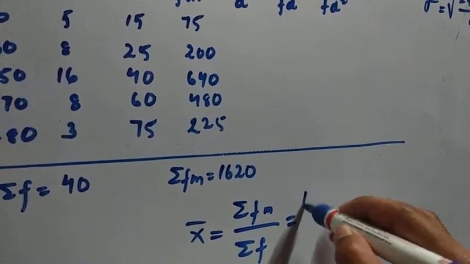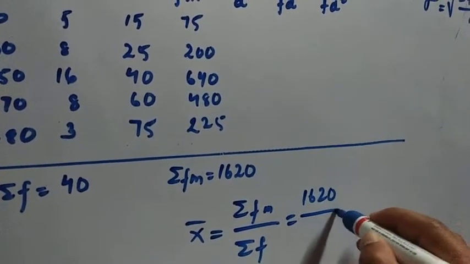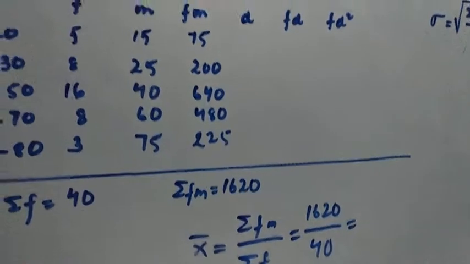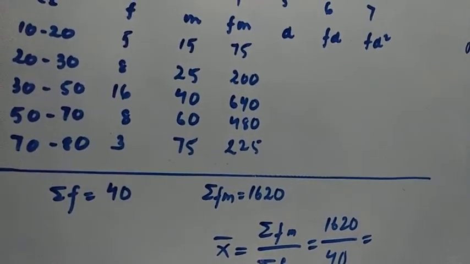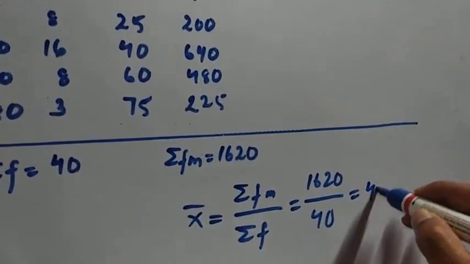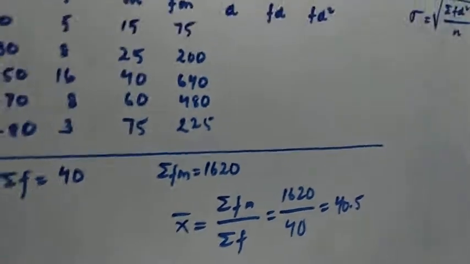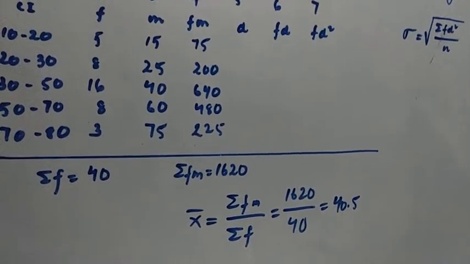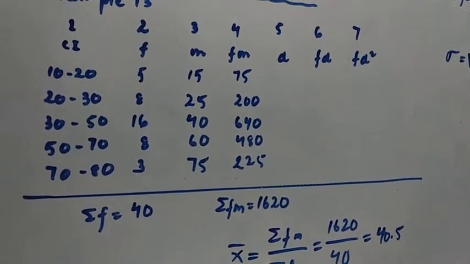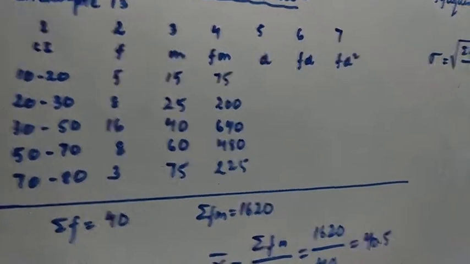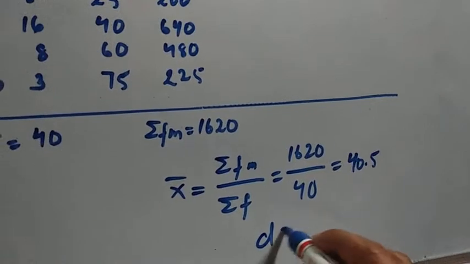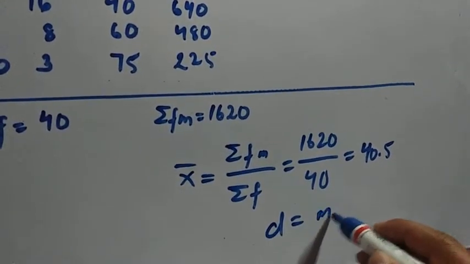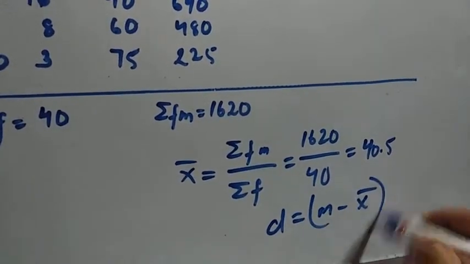So x bar is 1620 divided by 40, and what you will get is 40.5.